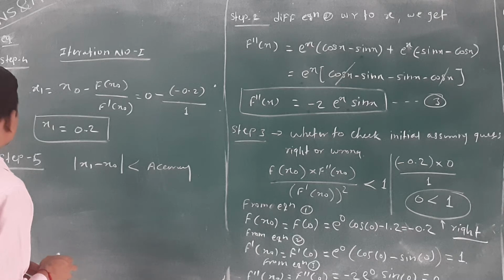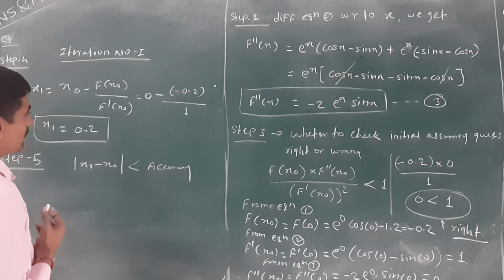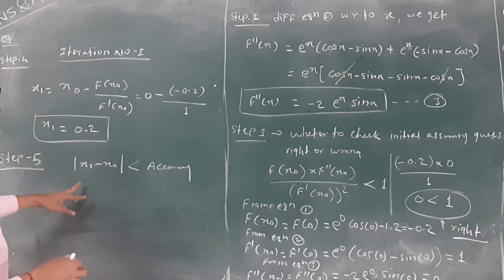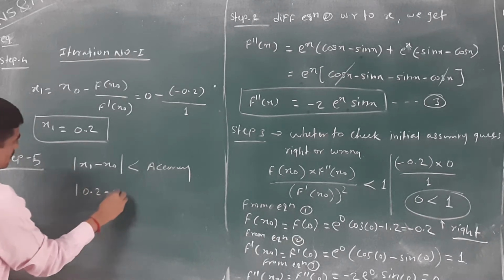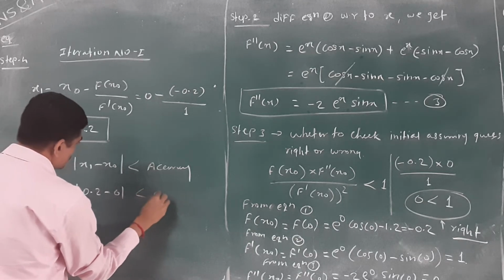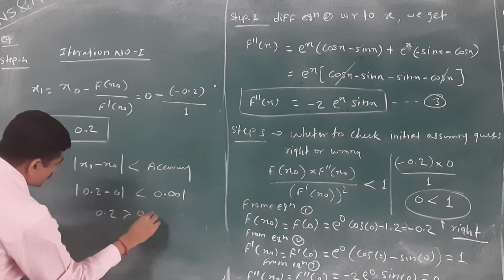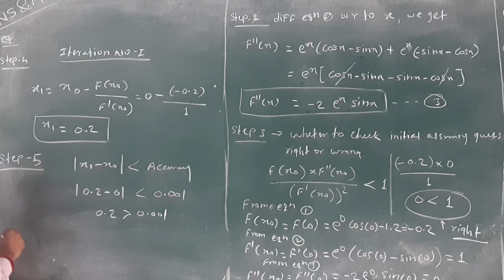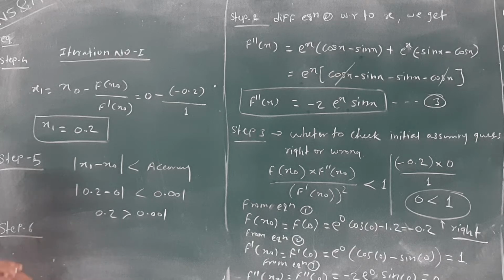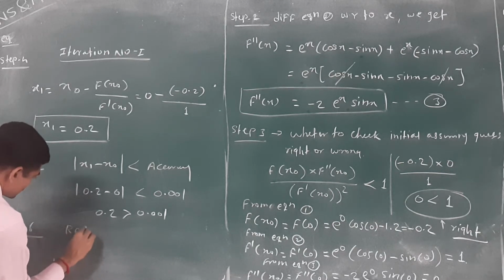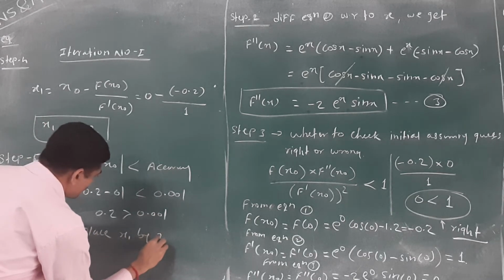Otherwise, we replace x1 with x2. What is the value of x1? 0.2. What is the value of x0? 0. What is the accuracy? 0.001. Check that 0.2 is greater than 0.001. If this condition is not satisfied, then in step number 6 you have to replace x1 by x2.